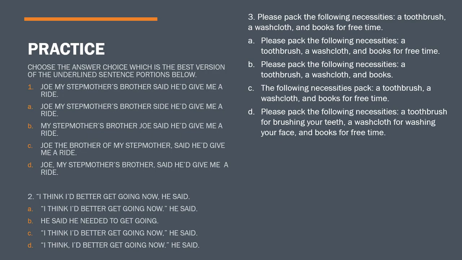B, he said he needed to get going. C, I think I'd better get going now, he said. Or D, I think I'd better get going now, he said. If we look at those and know our rules about quotations in sentences, C is the correct answer. I think I'd better get going now, comma, he said. Right?